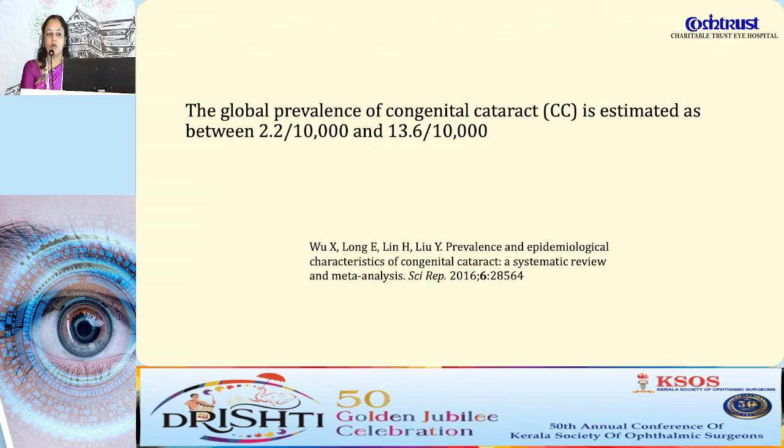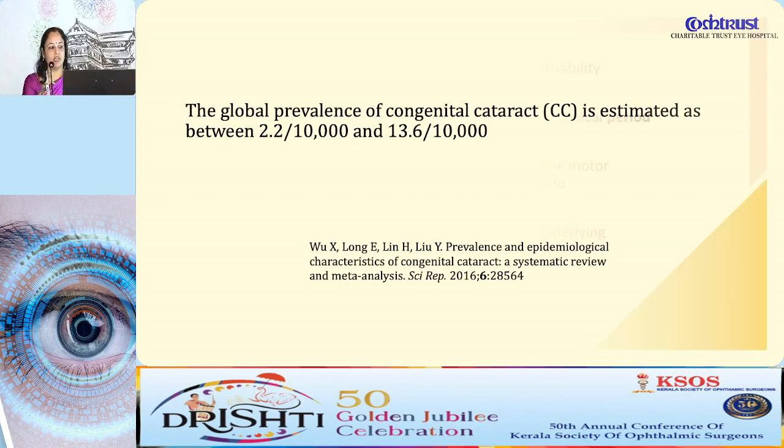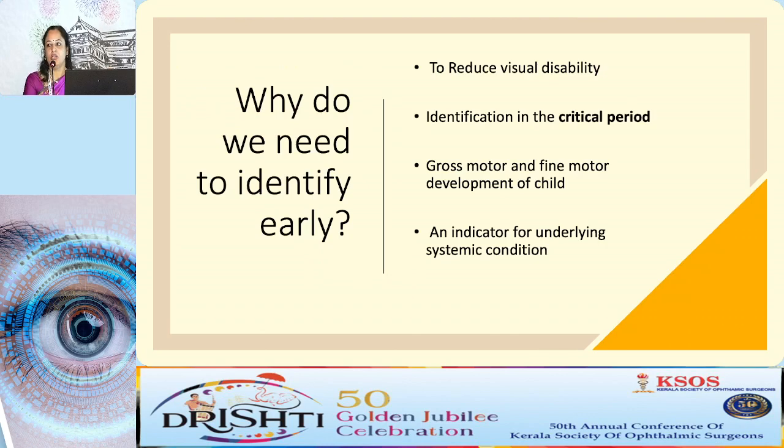So we know that the global prevalence of congenital cataract, as Dr. Lucy and Naveen have already told, is around 2.2 per 10,000 to 13.6 per 10,000. Now, why do we need to identify these cataracts? We need to identify pediatric cataracts at the earliest. First of all, it is to reduce the visual disability. We need to identify the child at the critical period, because if you miss that critical period, you're making the child blind for life.